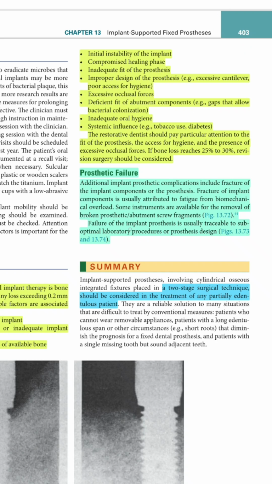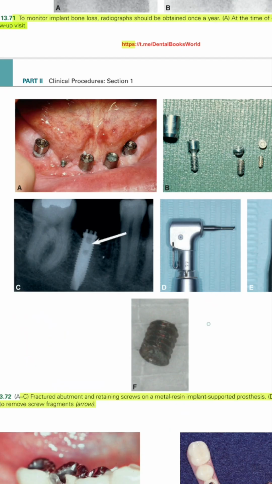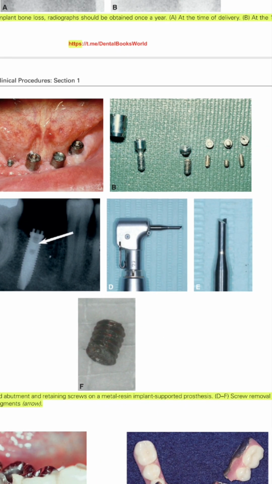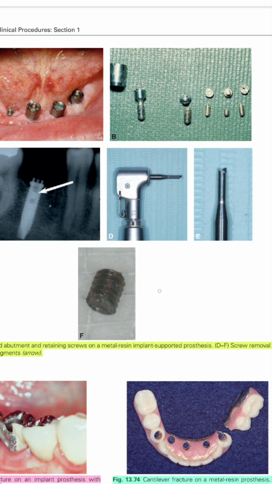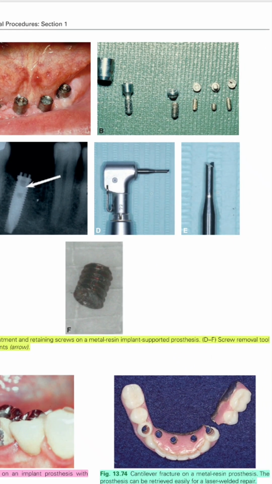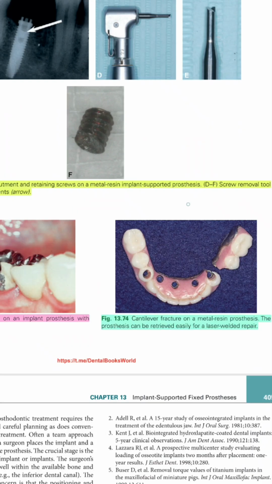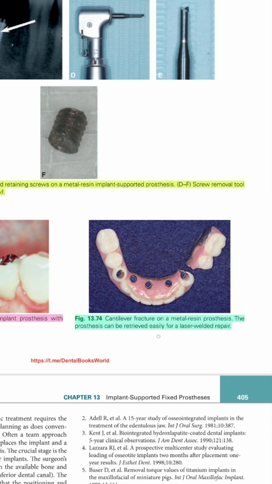But this type of failure is subject to poor laboratory procedures, or there is a fault in the prosthesis design. This is the tool that can be used to remove the broken fragments of the implant. As for this type of fracture, it can be repaired with a laser welding repair.